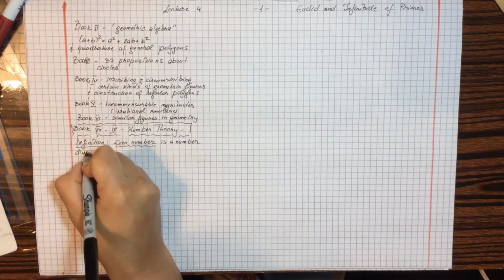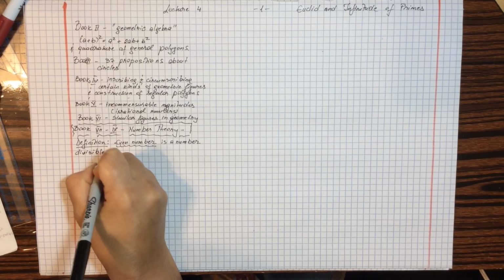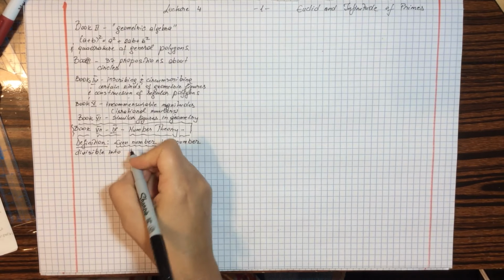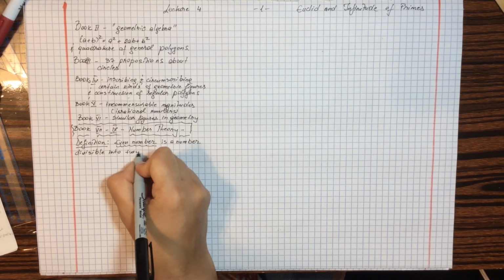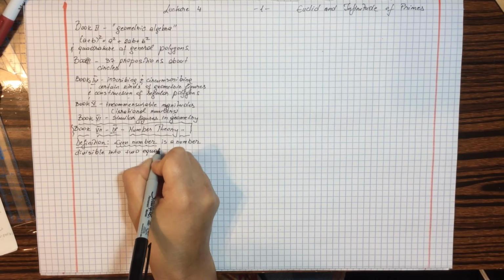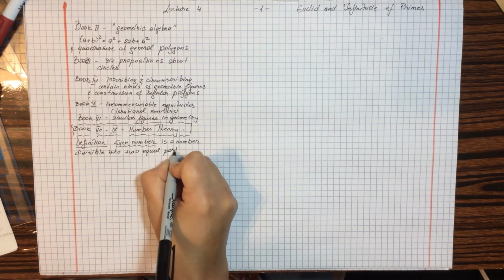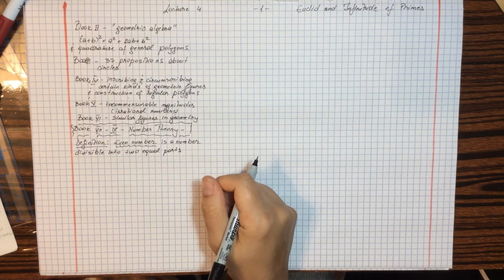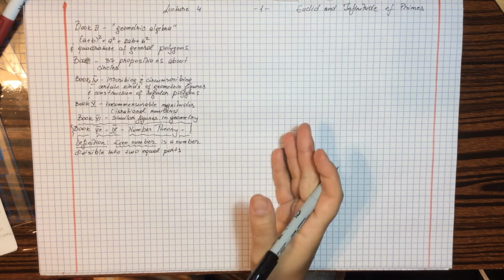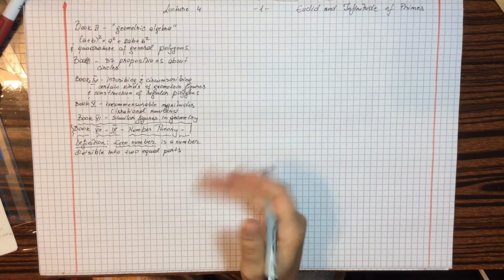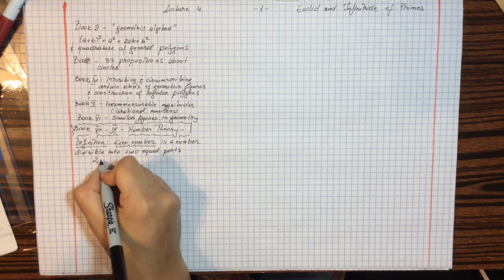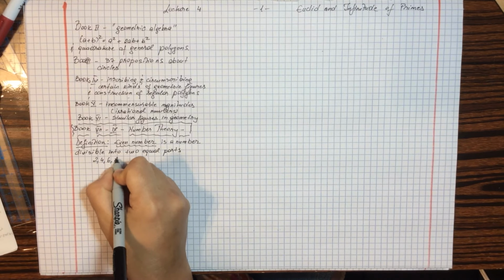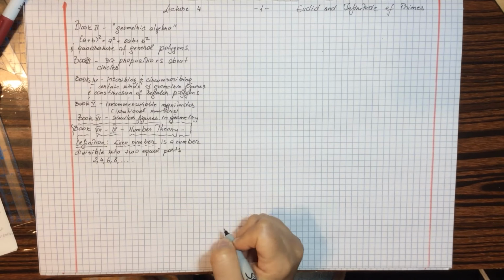Examples of even numbers, well, you all know them: 2, 4, 6, 8, and so on.